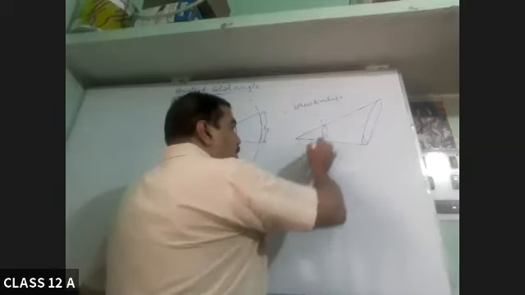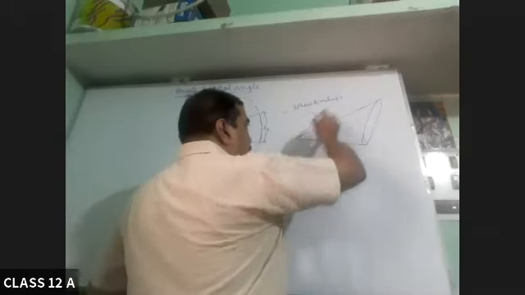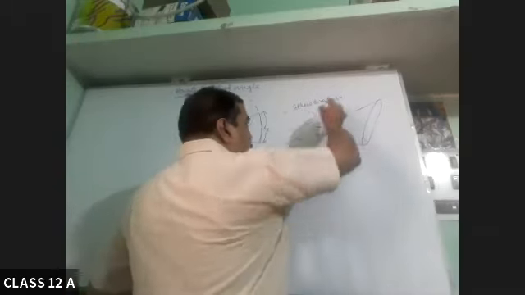This is, suppose, R1, and this is surface S1. If you consider another sphere of radius R2, this is the surface S2.